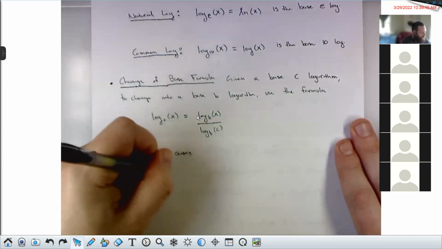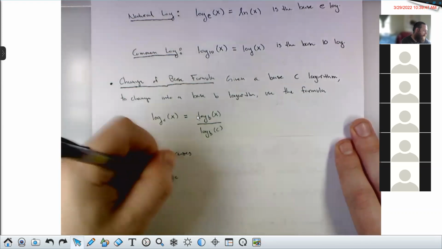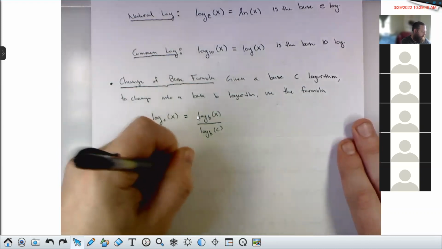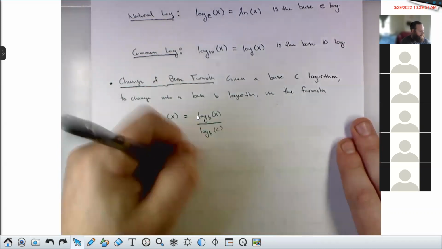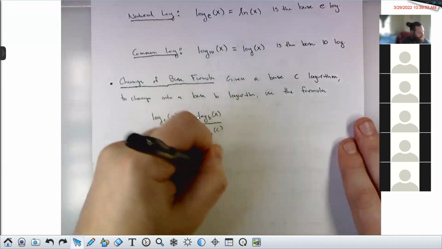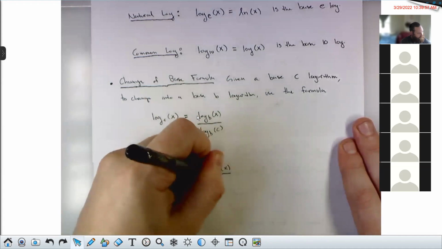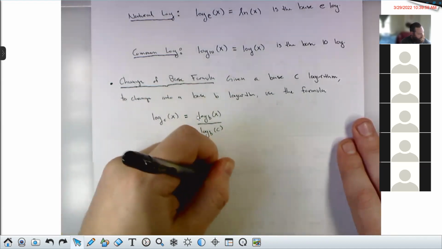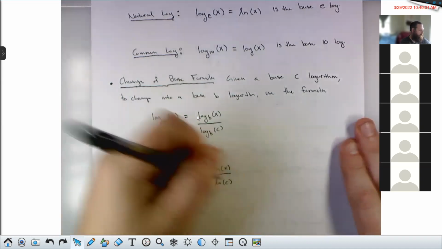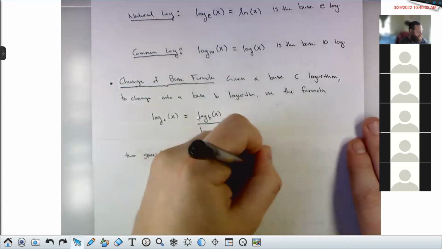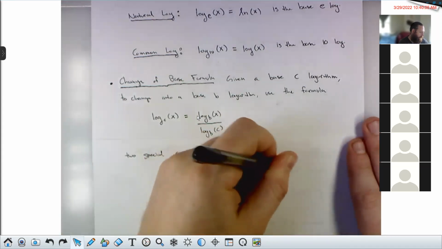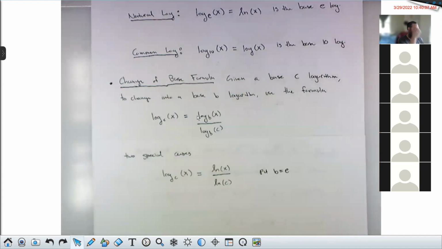So if someone gives you like the base pi log of 15, and you're like, what the fuck? You can change that into a natural log. It's going to be the natural log of the inside divided by the natural log of the old base. So what I'm doing here is putting B equal to e in the formula above.